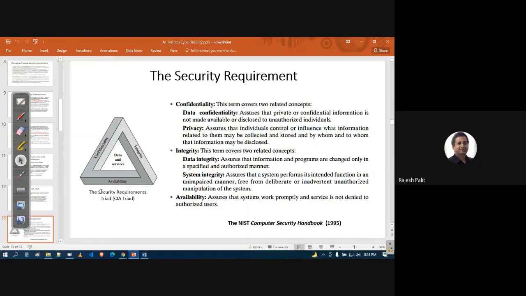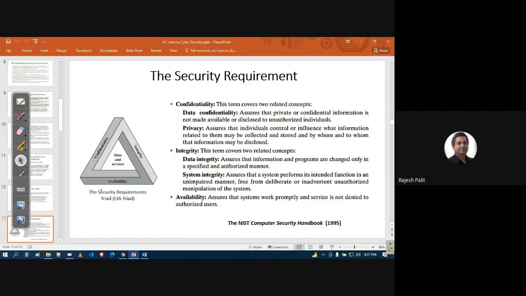So to authenticate those fake users, it may be unable to provide service to the legitimate or genuine students, right? So that is called the denial of service attack. That means the server is denying service to legitimate or genuine users.